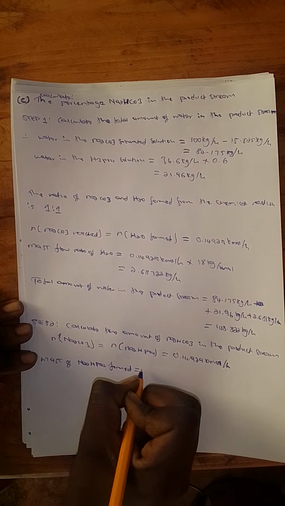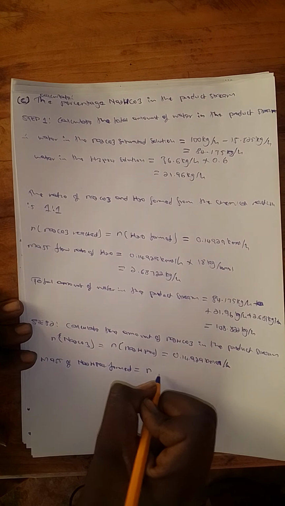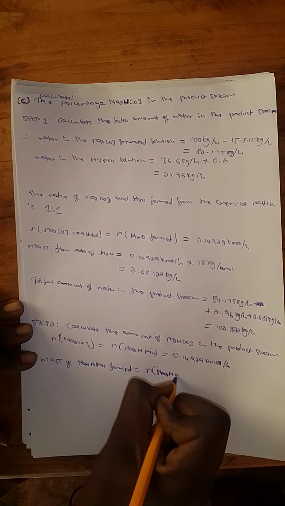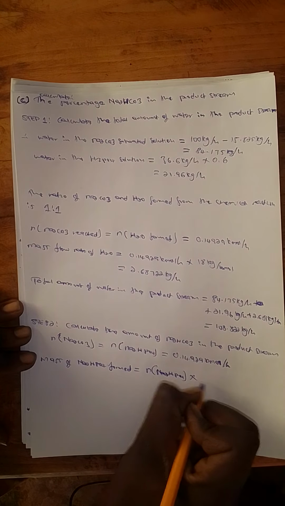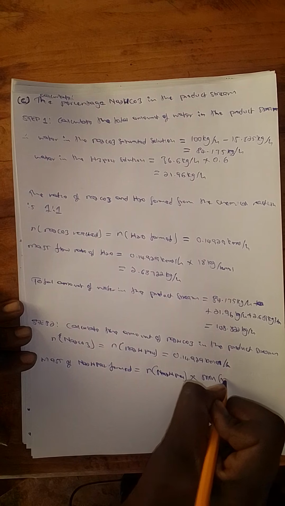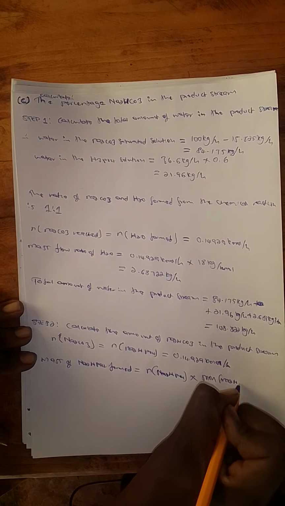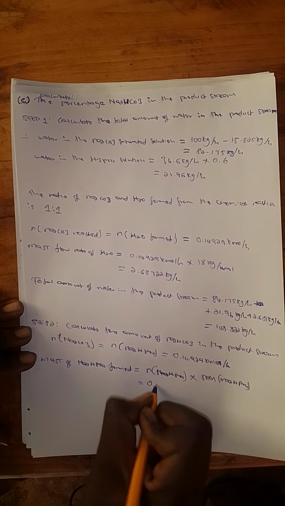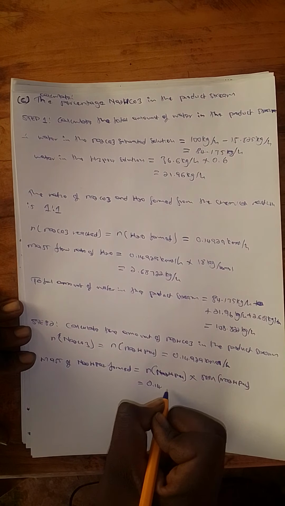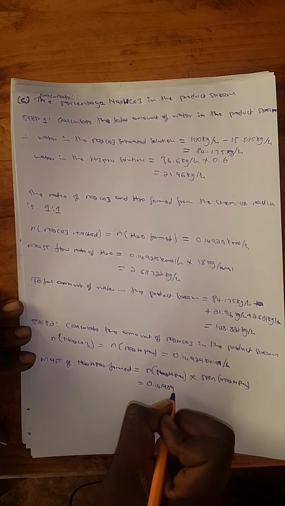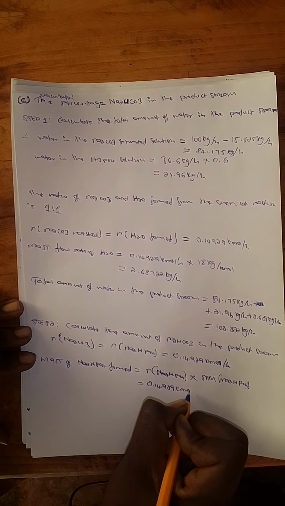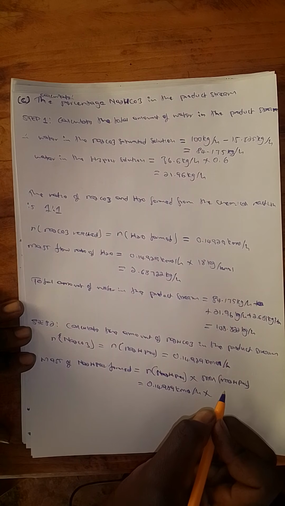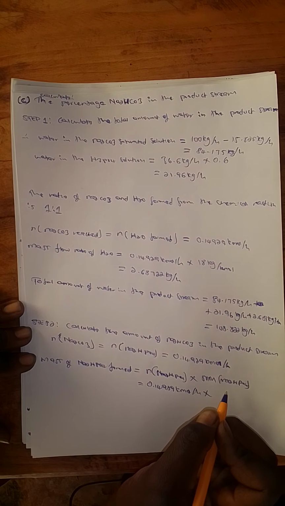formed is equal to the number of moles of Na2HPO4 multiplied by the molar mass of Na2HPO4, and the number of moles is 0.14929 kilomole per hour multiplied by the molar mass of Na2HPO4.